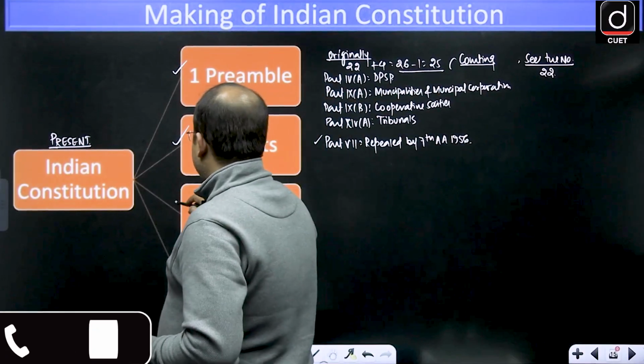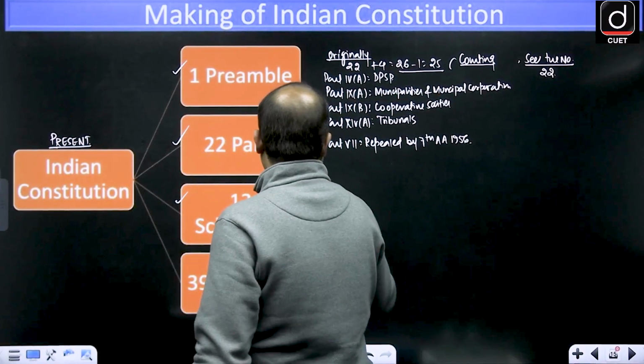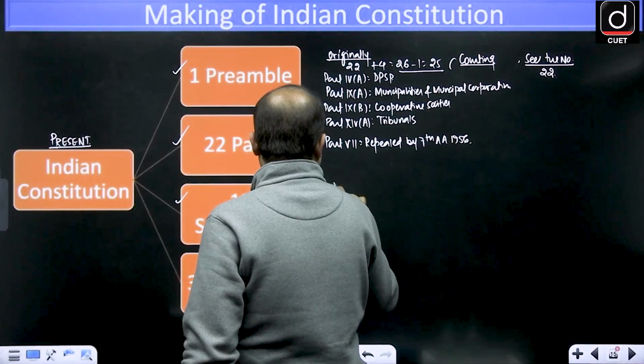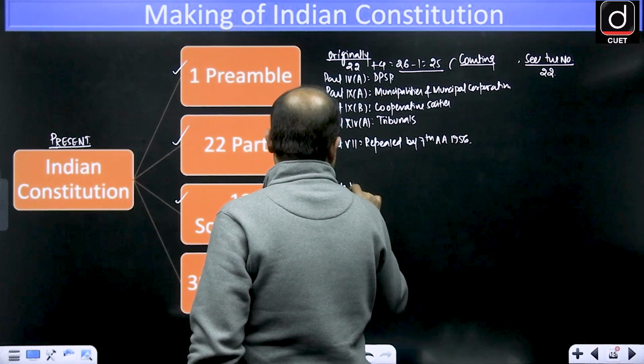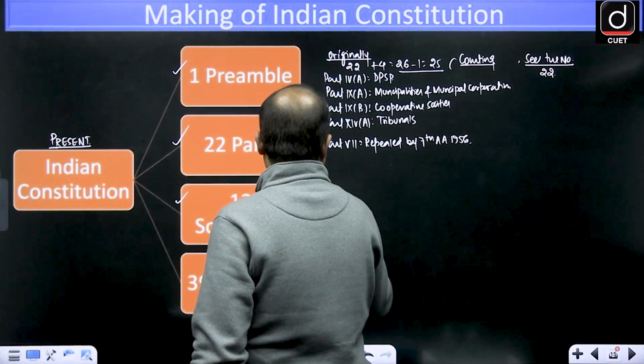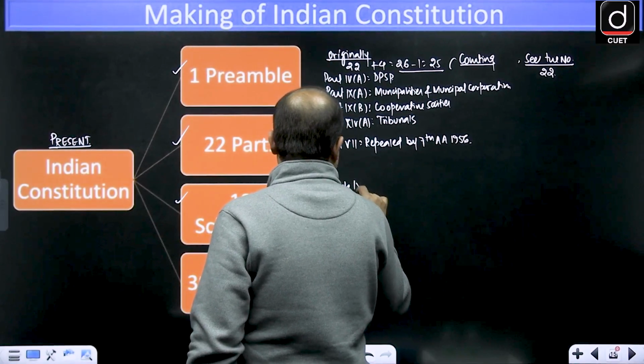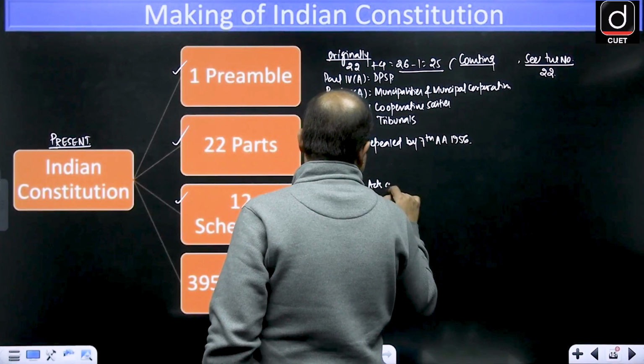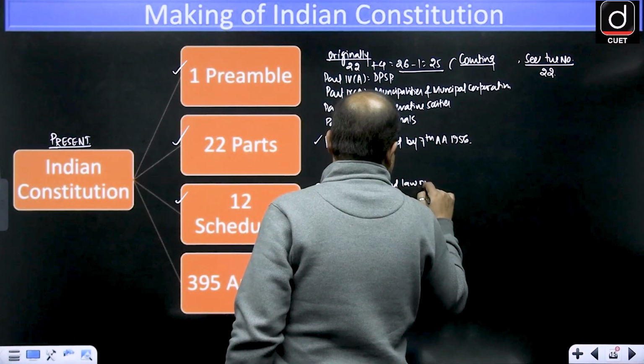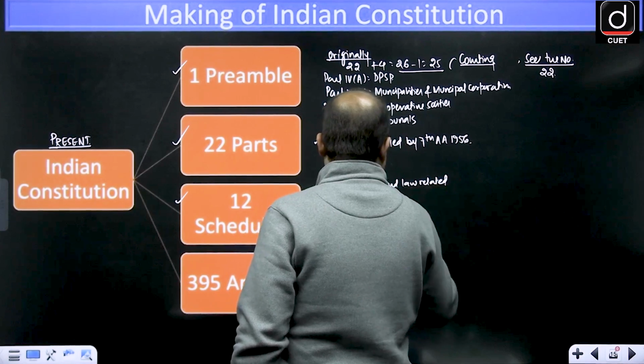Next is 12 schedules. That is Schedule 9. Schedule 9 was Acts and Laws related to land reforms.